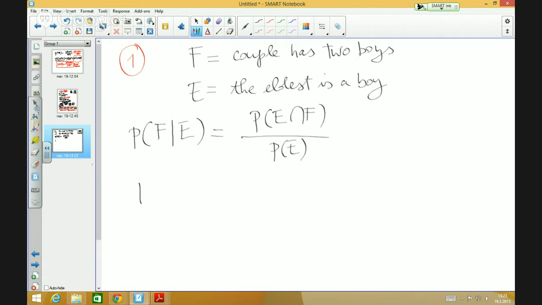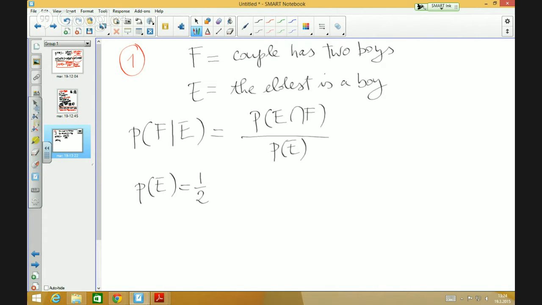So what is the probability that the eldest child in a family of 2 is a boy? It's a half, because the eldest one could be either a boy or a girl.